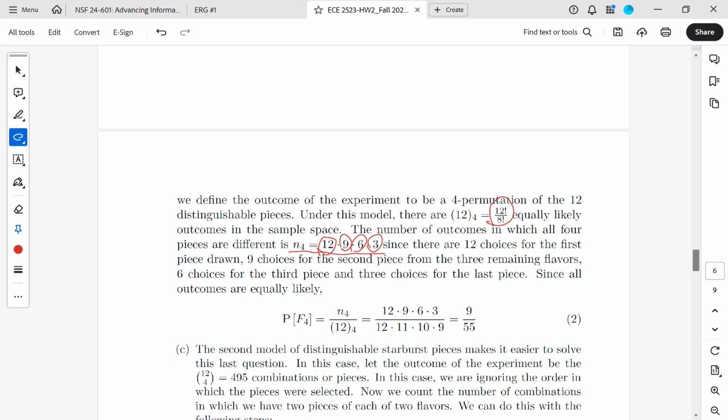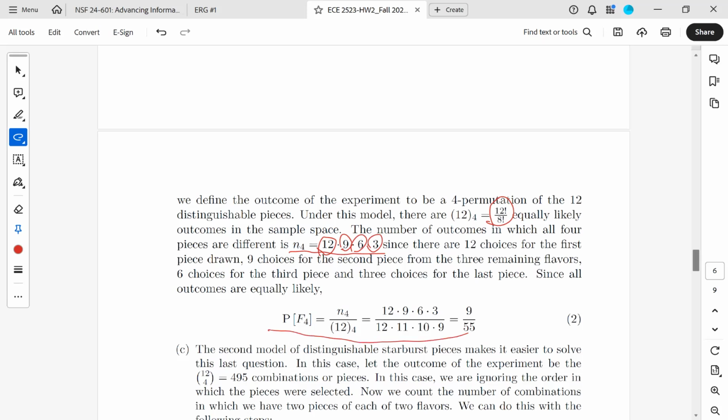So we have 12 multiplied by 9 multiplied by 6 multiplied by 3 different possible ways to choose 4 flavors within our basket, and the total number of choosing any 4 candy, any combination of 4 candy, is 12 choose 4, 12 factorial over 8 factorial.